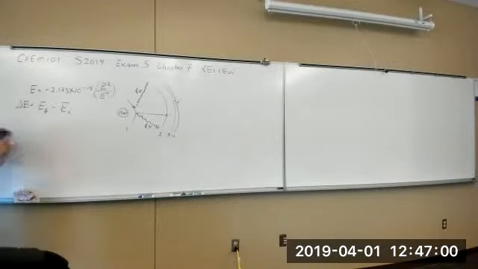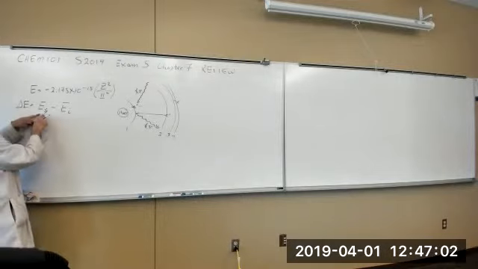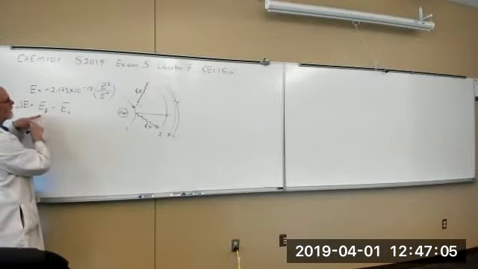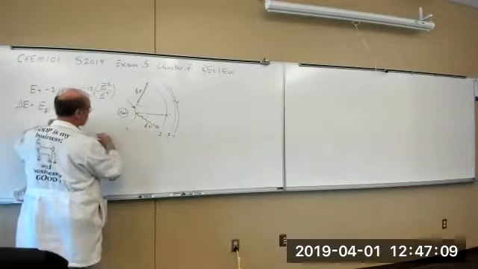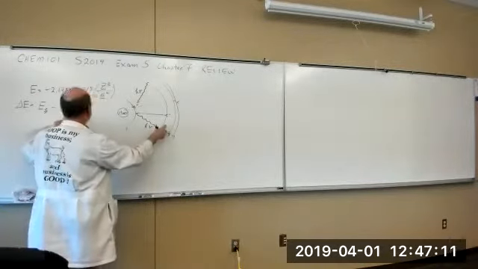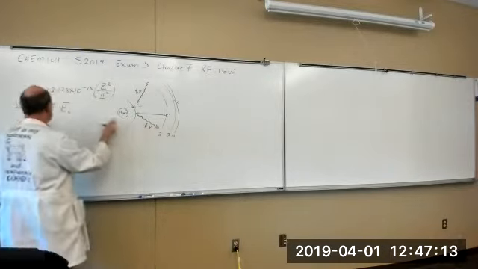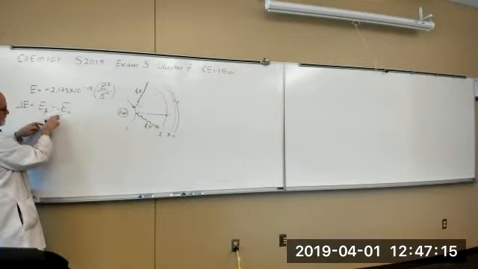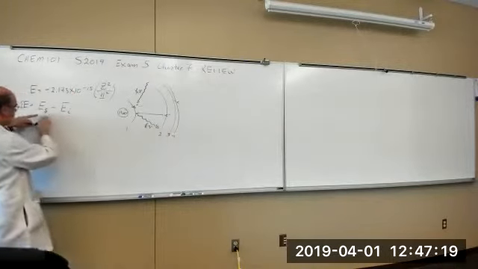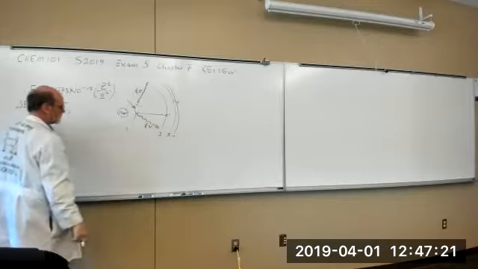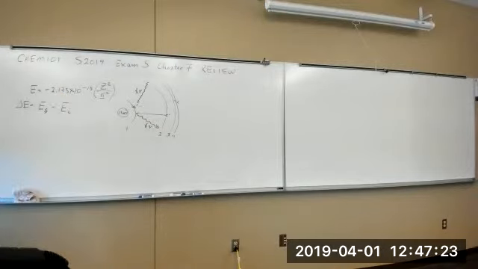So if it starts out here somewhere and goes to here, then you put in the initial starting position here and the final, whatever it is here. So let's do an example of that.